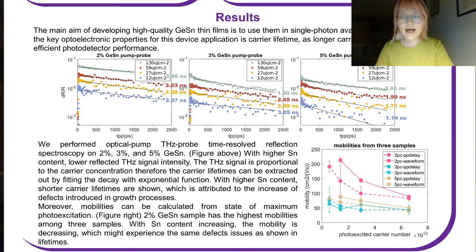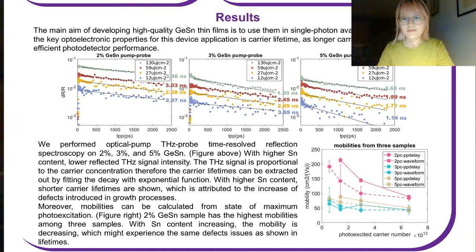Now if we look at the extracted mobilities, we can see generally with higher fluence, which results in more carriers, the mobility will drop. This is due to stronger carrier scattering, such as carrier-carrier scattering, carrier-defect scattering, and carrier-phonon scattering. Also, there is a trend of lower tin content, higher mobility.